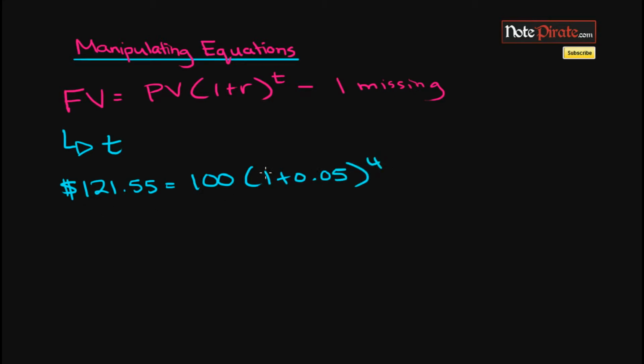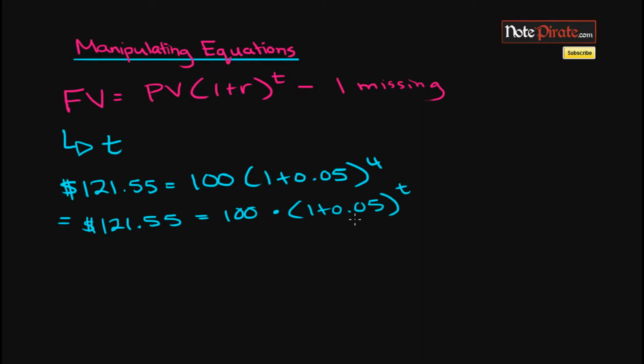So this has one solution, being $121.55, so it's correct. So let's just take away the 4 and replace it with the t variable. How would we solve for this? 121.55, and let's just simplify it by putting a dot there to show the multiplication, and then the t.